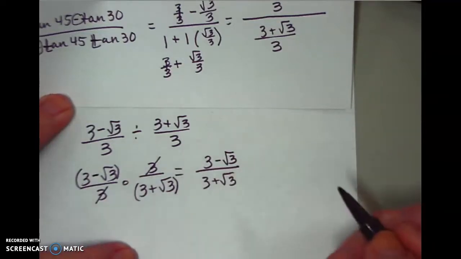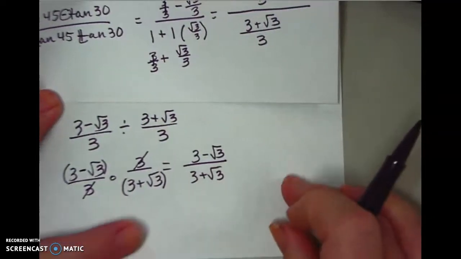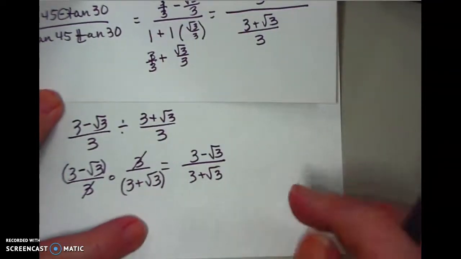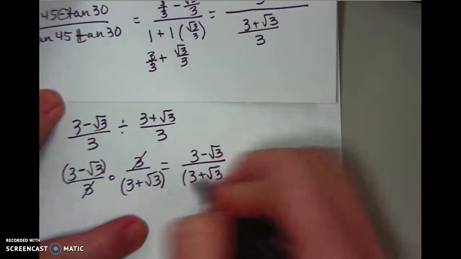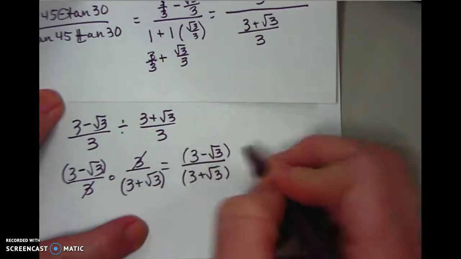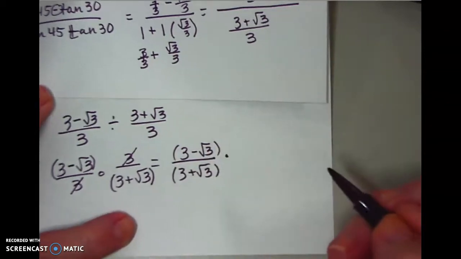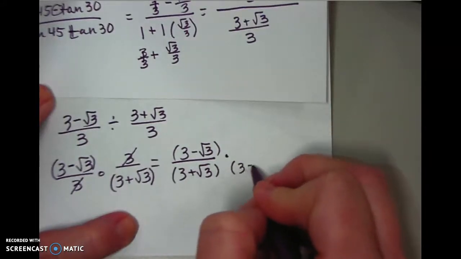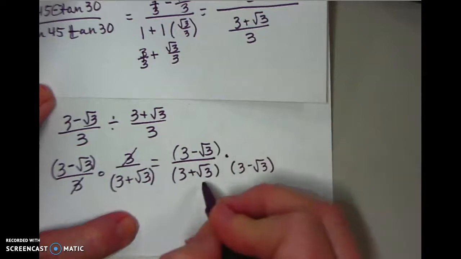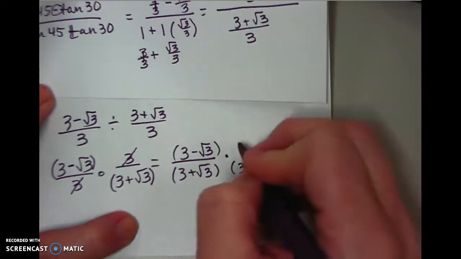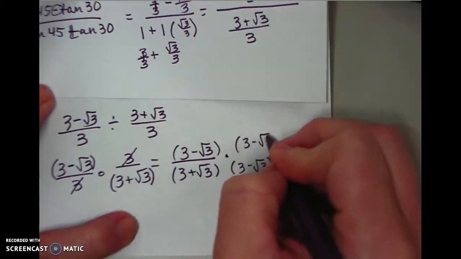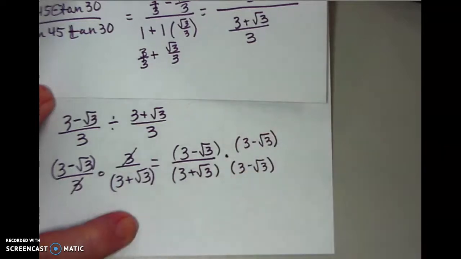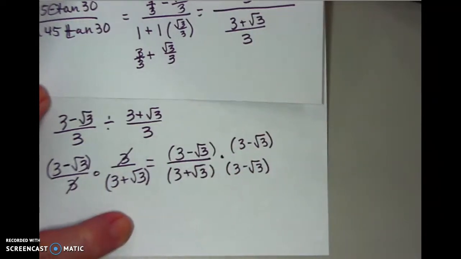Well, guess what? On the bottom of a fraction, we cannot have a square root. So we have to multiply by what's called the conjugate. The conjugate is the opposite of the plus, on top and bottom. And now we have some FOILing to do.